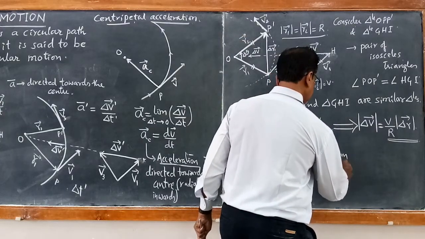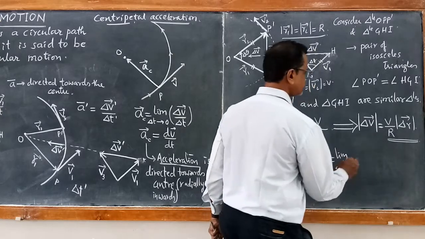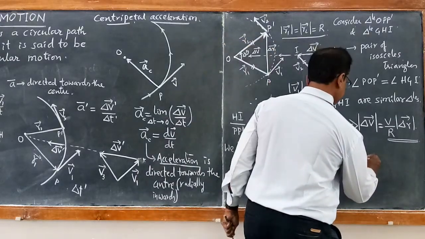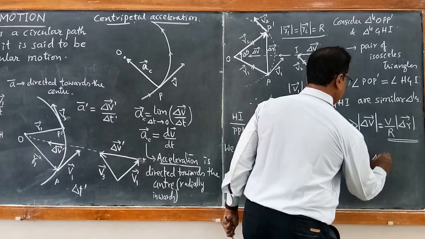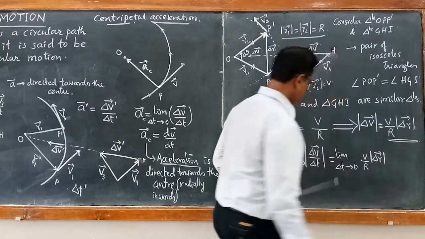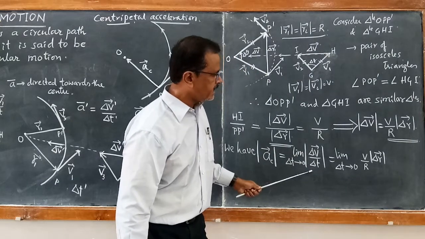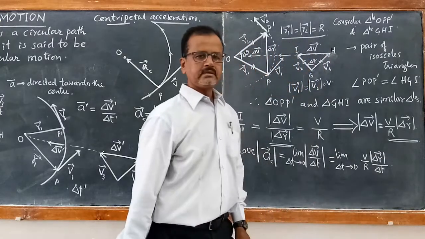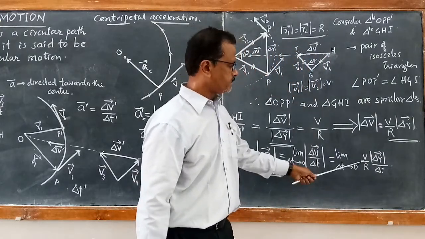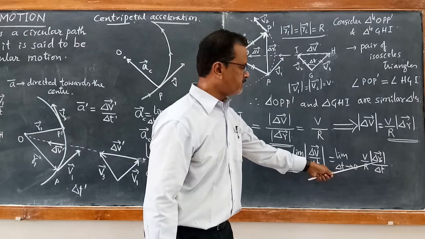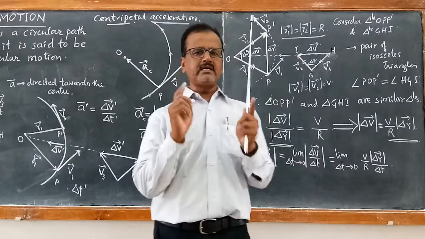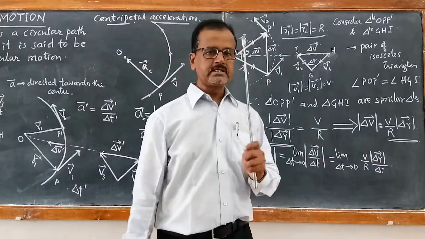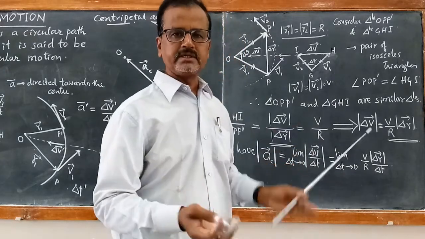The limit as delta T tends to 0. So I am substituting the value of delta V. Delta V is V by R into delta R, and there is delta T in the denominator, so I am writing that delta T here. Now take out this V by R. You are left with the limiting value of delta R by delta T as delta T tends to 0, which is nothing but the instantaneous velocity, and the magnitude of instantaneous velocity is speed.